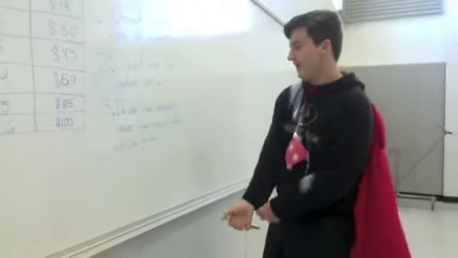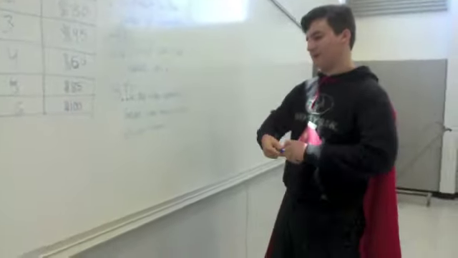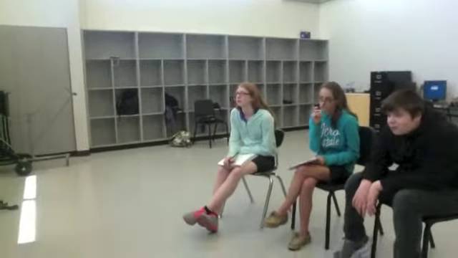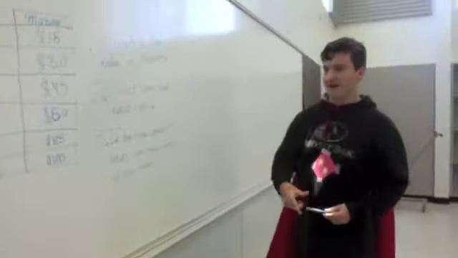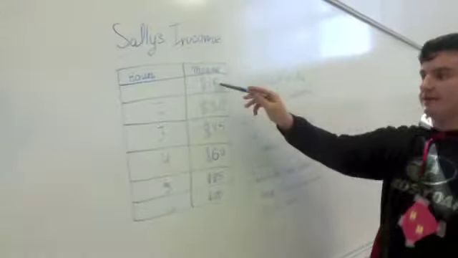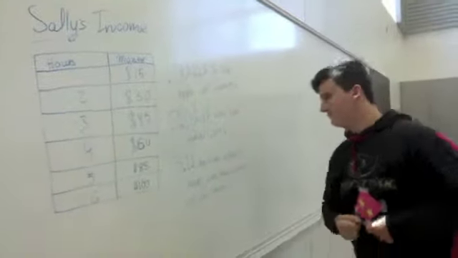All right, so Bailey, let's do number 3. If she has worked 9 hours, how much money will she have? Do you know it? No? All right, well, she worked 9 hours. Our first thing right here for the money is 15.